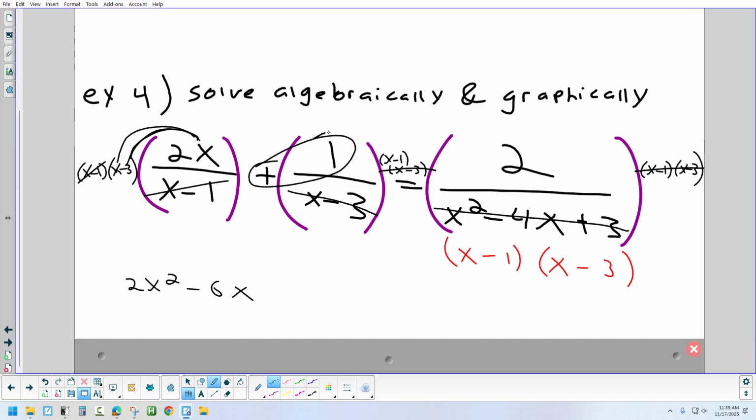When we distribute positive 1, does that change anything? No, this time it doesn't, just because it was a plus 1. But if it was a number other than 1, it would change it. So that's x minus 1. And what's on the right-hand side? 2.